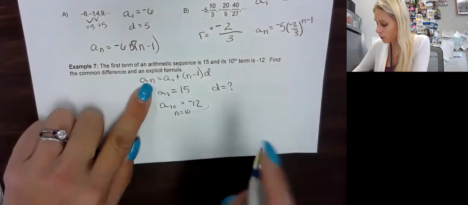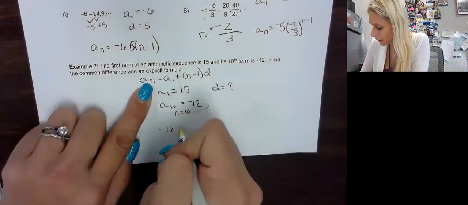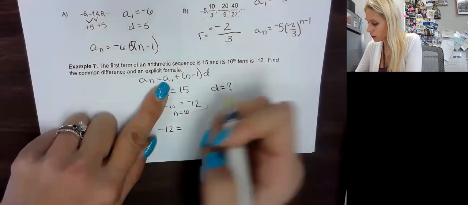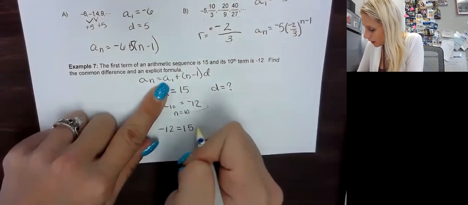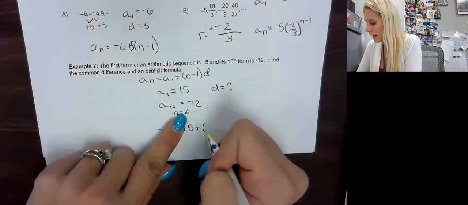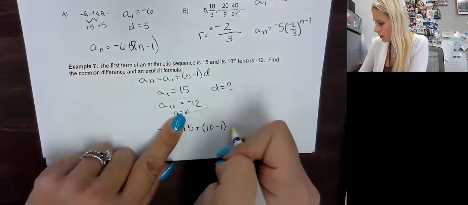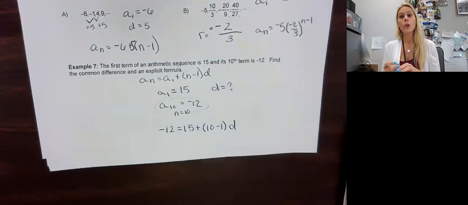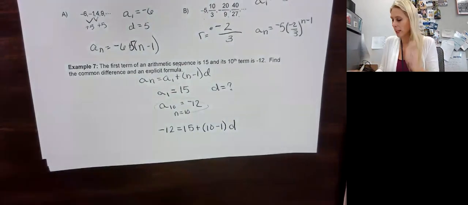Because now when I plug it in, a subset n is a value. Our value is going to be -12 equals the first term, which is 15, plus n minus 1. What was n again? n was 10, minus 1 times d. And you know that you're doing okay because I only see one variable, and that's what I want to find, right?